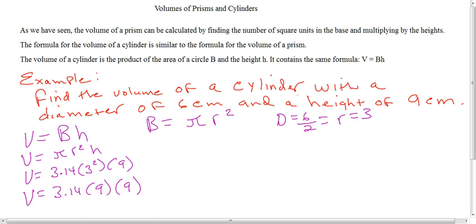Whichever way is easier for you is the method that you should adopt. So however you feel is what you want to do. Again, we can multiply 9 times 9 and get 81, and then take 81 and multiply that times 3.14, and we will still get the same amount.